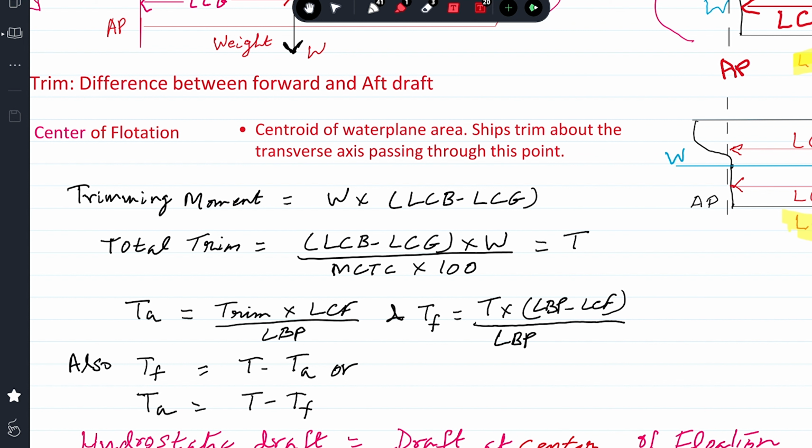We will see later how to get the actual hydrostatic draft if the ship is not floating in salt water. If the ship is floating in salt water, you get straight away the hydrostatic draft. Otherwise, we have to make corrections for the density.